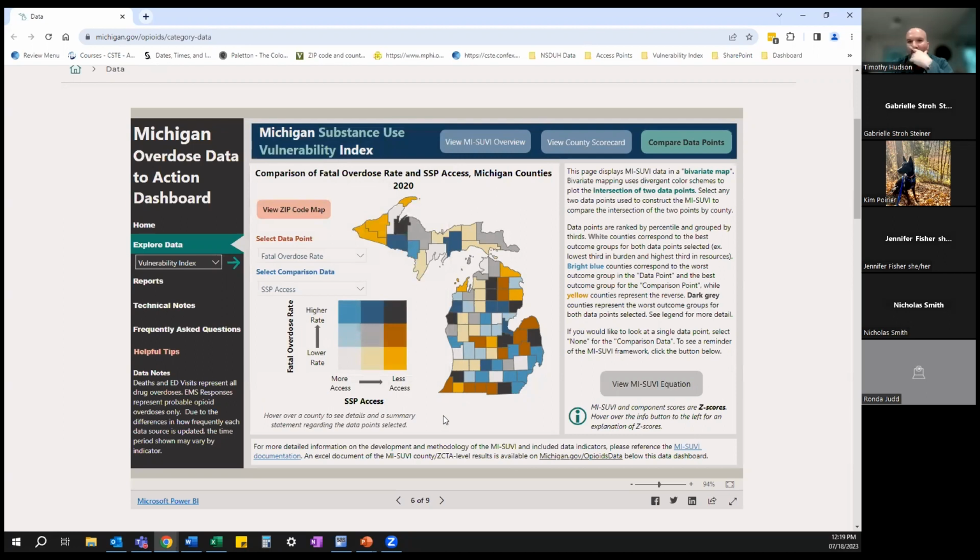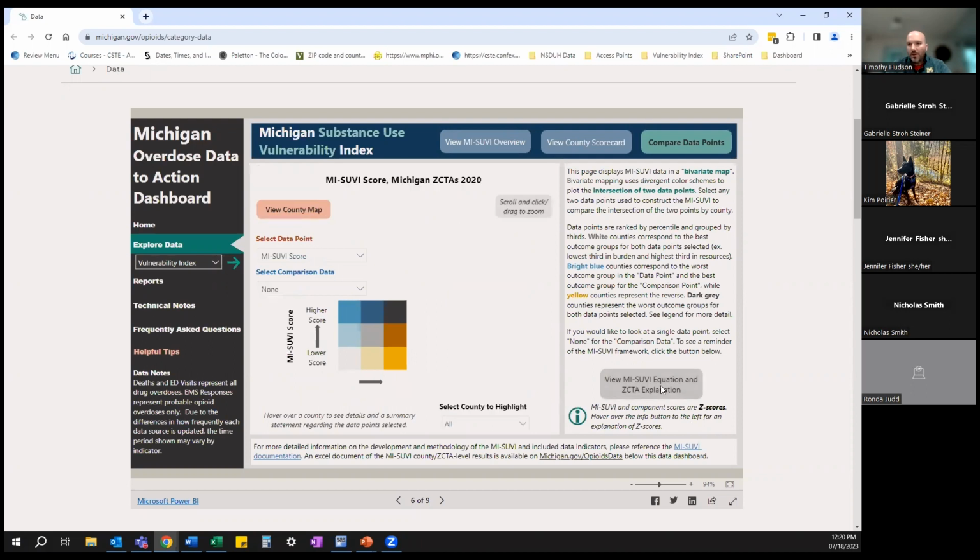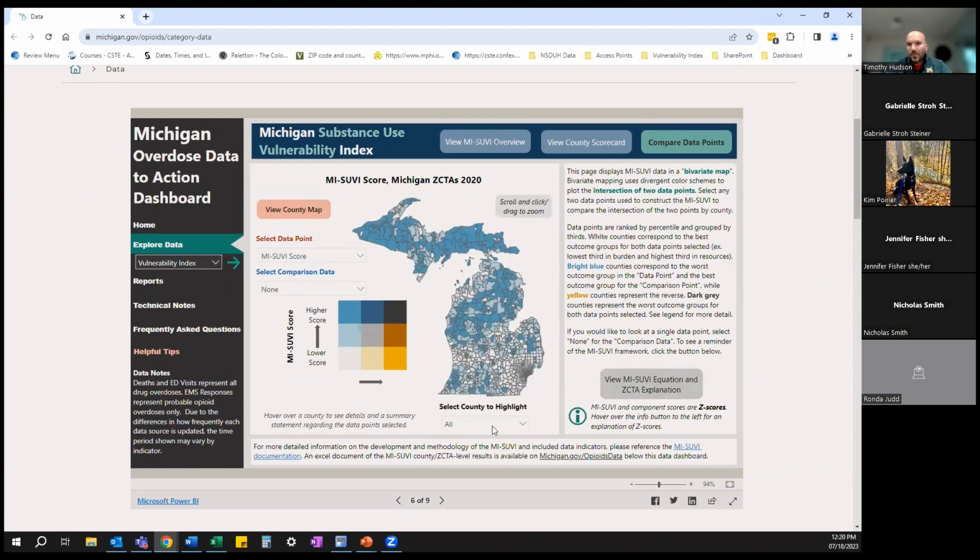So we would say those counties are areas where resources may be needed, or we could consider scaling up certain interventions or harm reduction services there. I think this map is a really cool way to look at the intersection of points to see where there might be extreme vulnerability in our state and opportunities for interventions. And again, you can look at this map at the zip code level as well and choose a county that you want to highlight.